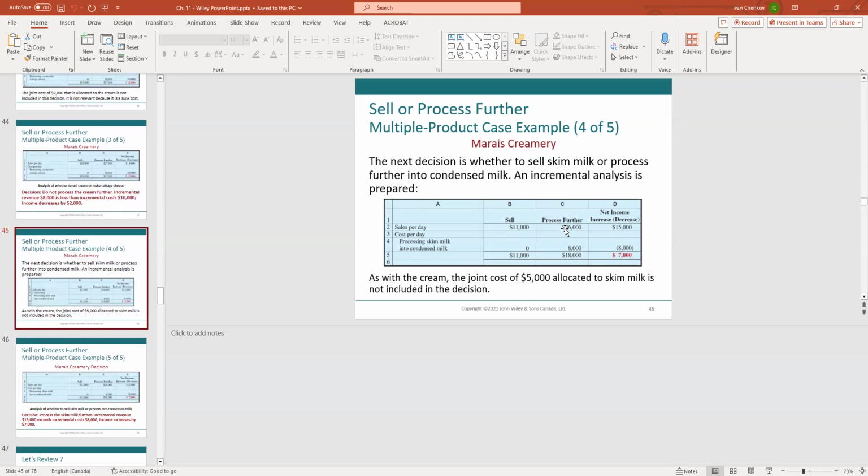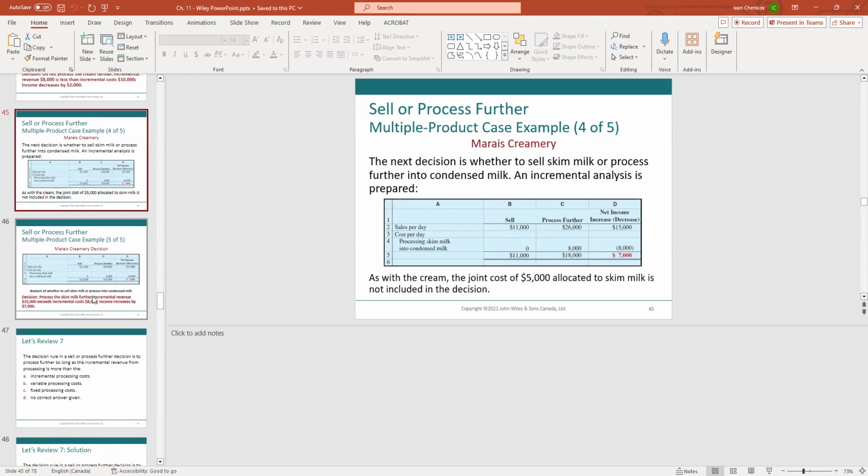Or I can process it and make condensed milk for 26,000. I'm going to generate additional 15,000, but it's going to cost me $8,000 to make it. Should I make it? Yes, no questions about it. Why? Because it generates $7,000 more.